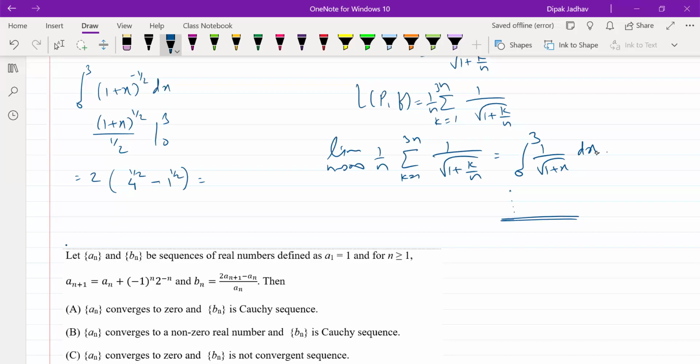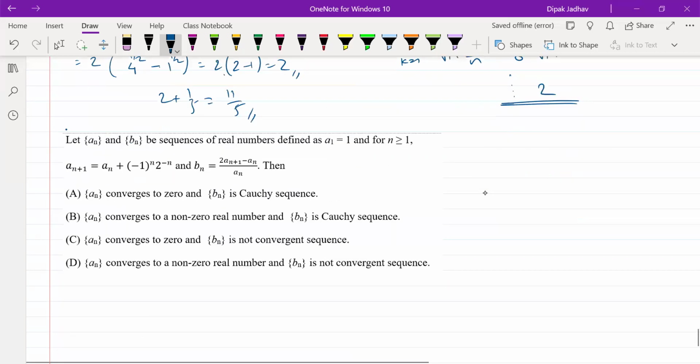So that's equal to 2 into 2 minus 1. That's 2. The answer is 2. So the final answer is 2 plus 1 by 5, that is 11 by 5.